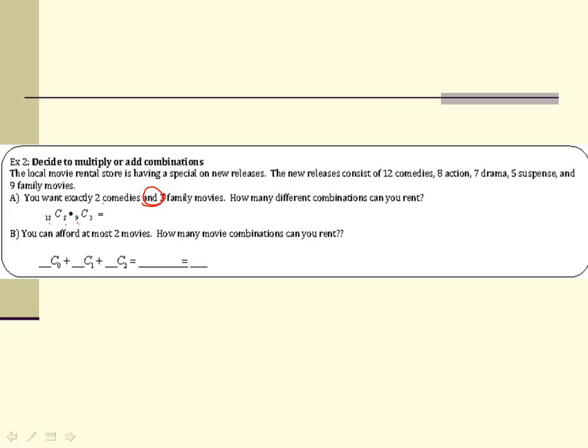Out of the 9 family movies, I want to pick 3. Stick each of these in your calculator. For 12 choose 2, you get 66. For 9 choose 3, you get 84. I multiply these together, and I get 5,544 different movie combos.